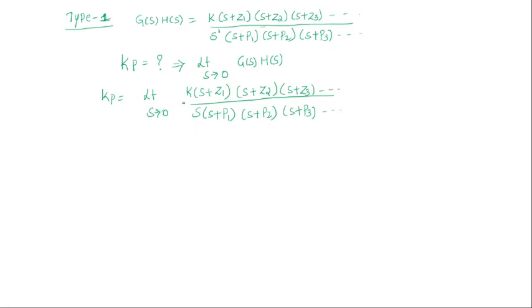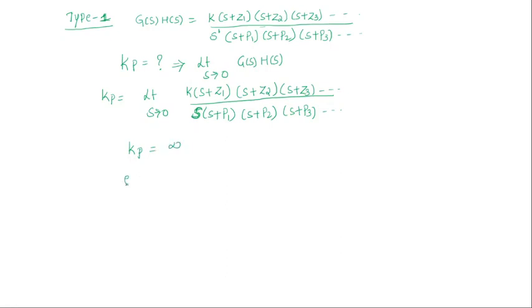If you substitute s tends to 0, in the denominator we have s, something by 0. Something by 0 value is nothing but infinity. The Kp value becomes infinity.